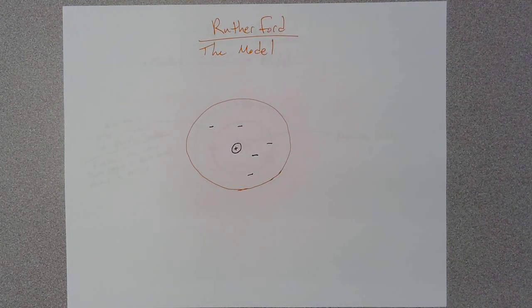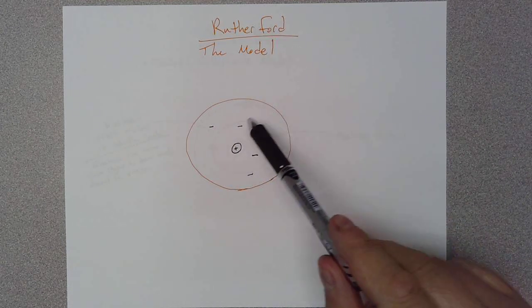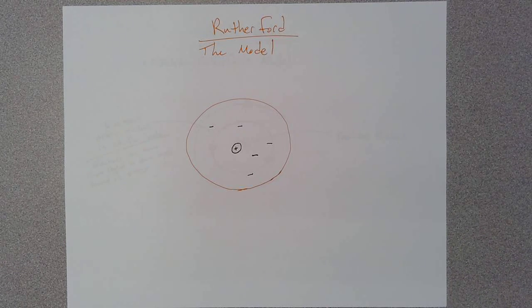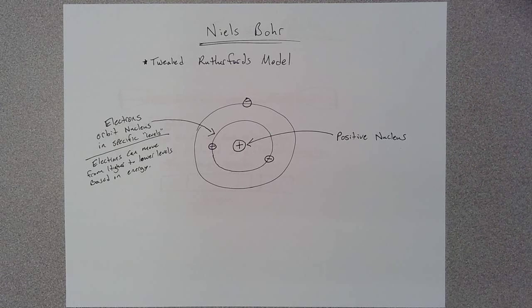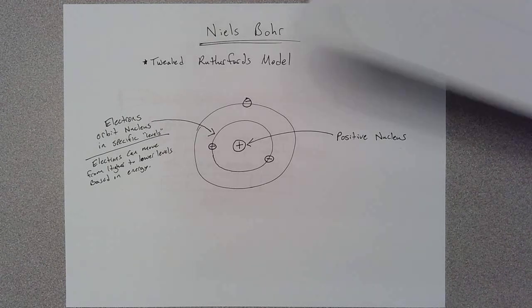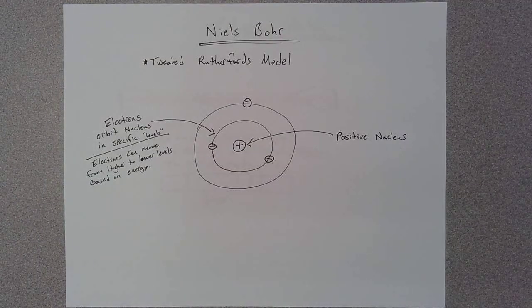This is what Rutherford's final model ended up being. It had a positive nucleus, and most of this thing is empty space, and we have some electrons floating around the nucleus. Now, Niels Bohr comes around and decides that that model is okay, but it can be improved slightly because of physics. If they were just floating in this area like this, everything would be compressed toward the nucleus.